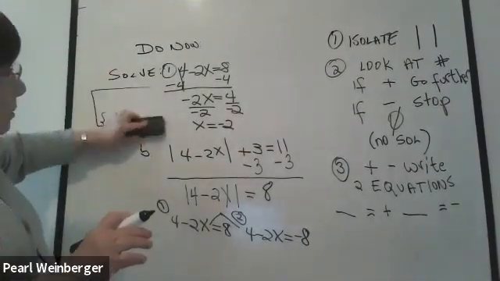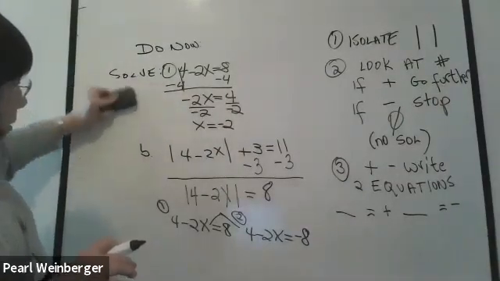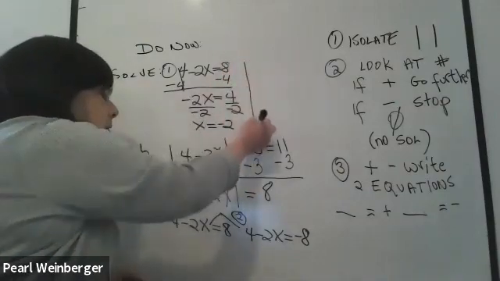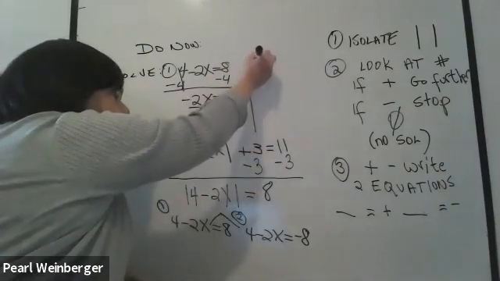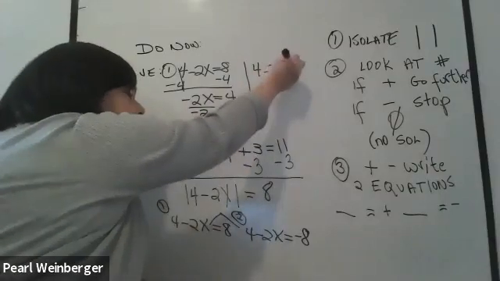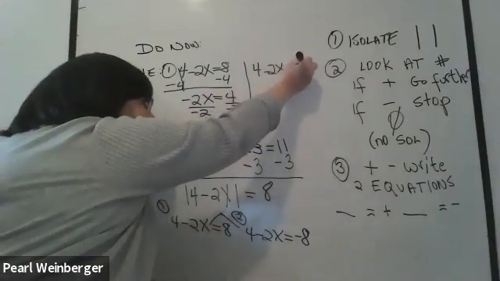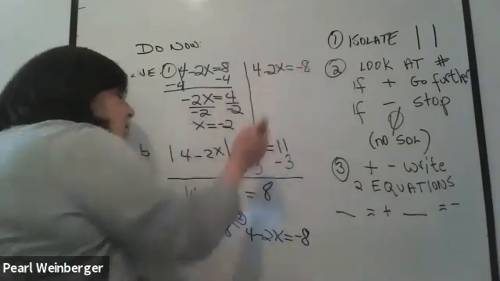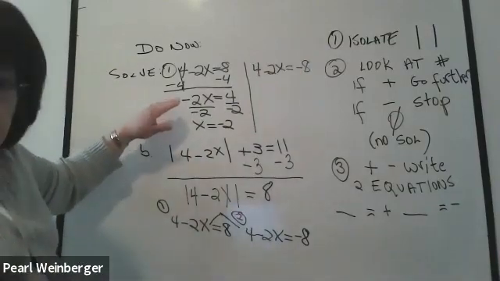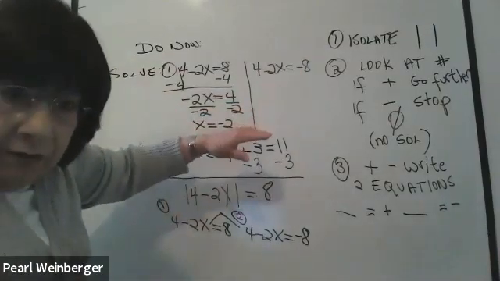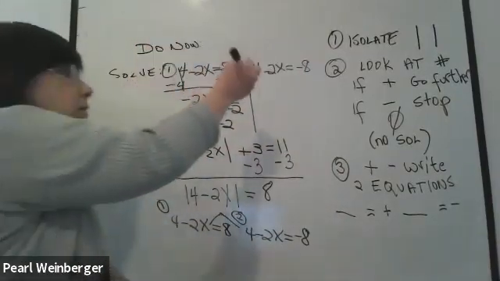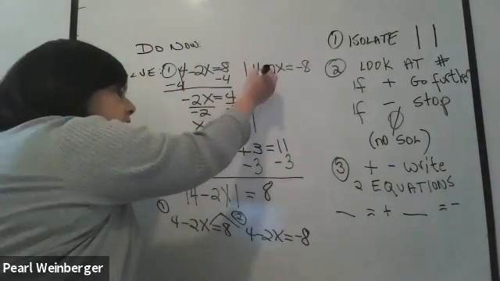Okay, so let's go on with the second part of this. My second equation was 4 minus 2x equals -8. And we solve it. You're going to see, once you've solved one of them, solving the other will be somewhat easy because the steps are similar.